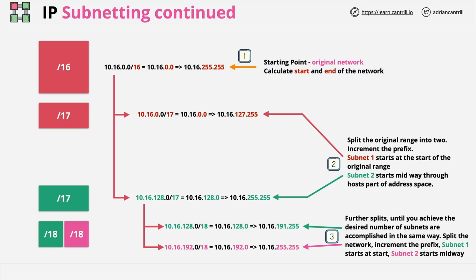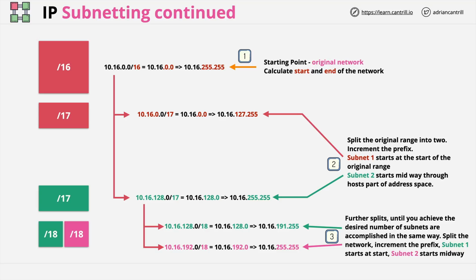Both of these are within the larger /17 range of 10.16.128.0/17. If you just think about this process as splitting the network range in half, you're going to create 2 smaller networks, one which uses the first half and one which uses the second half.